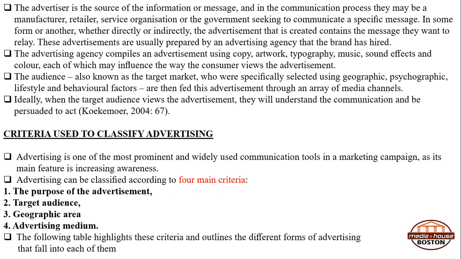Then the audience. The audience is also known as the target market, who are specifically targeted using geographical, lifestyle and behavioral factors, like I explained. There are certain adverts that you will never target at, for instance, religious people.